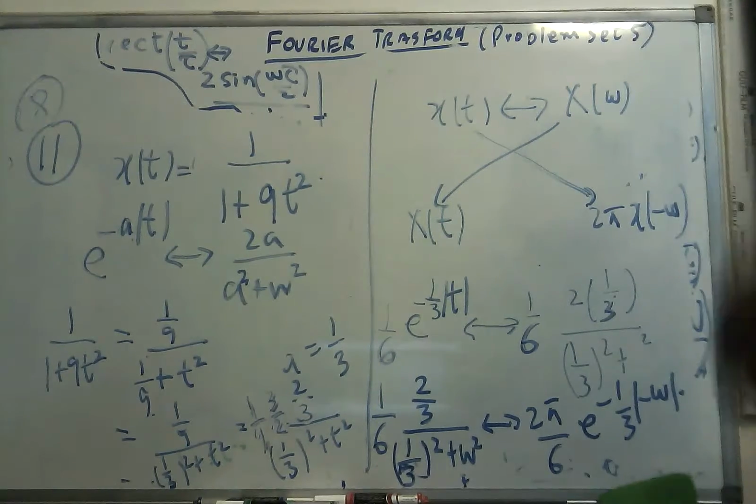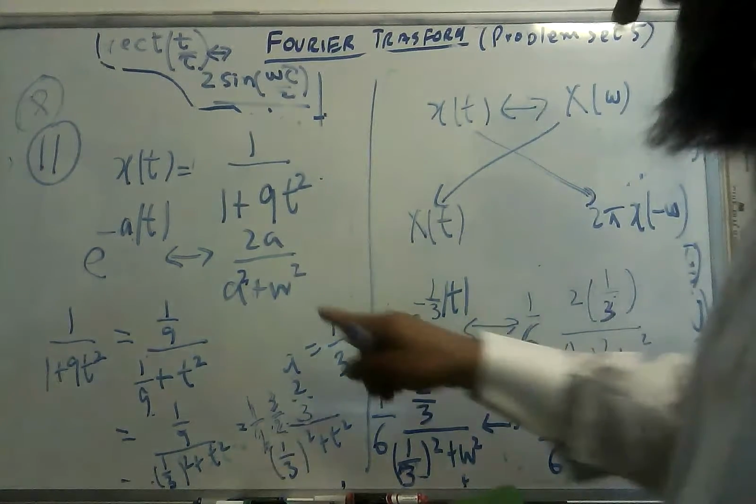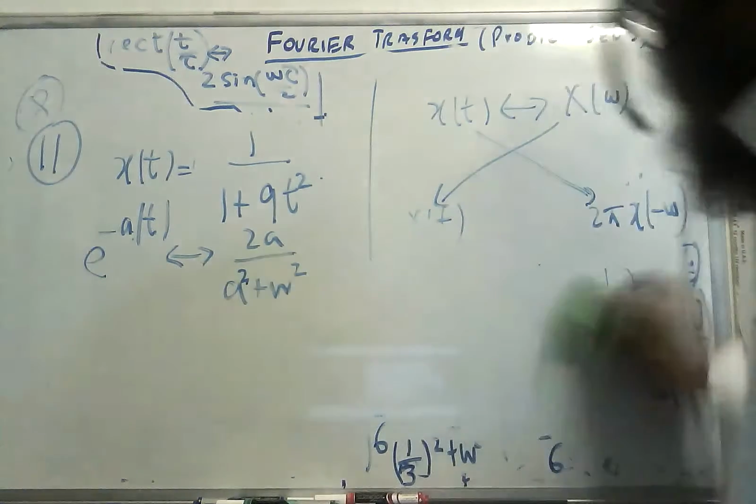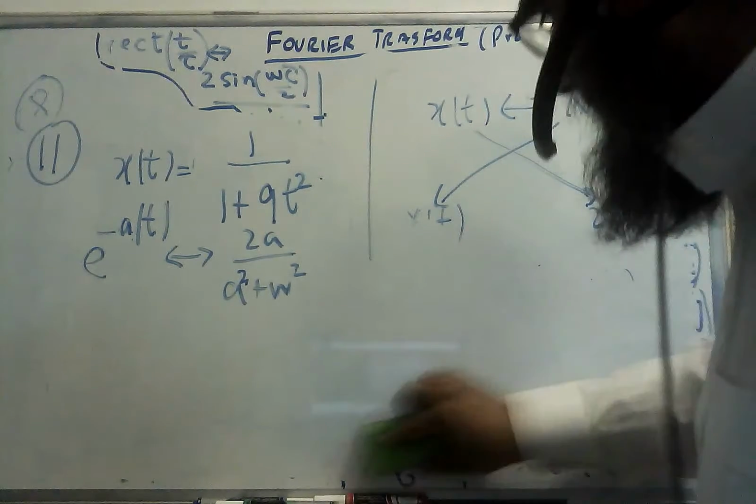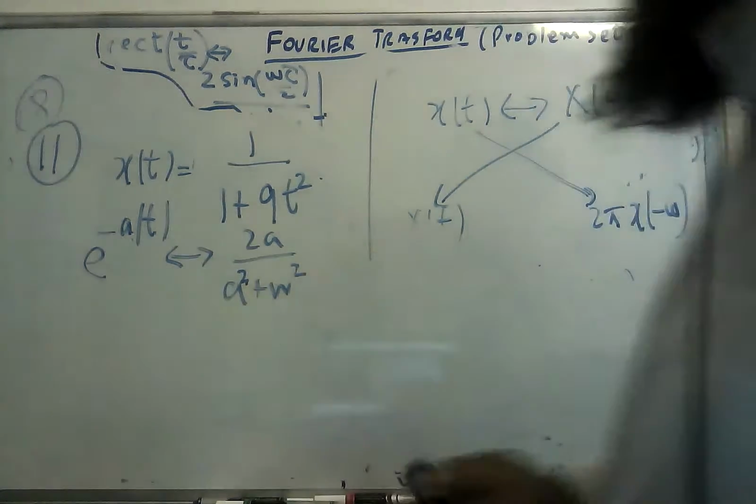X of t is x of omega. Actually this is omega square here. So let us do it once again. Let us start from here once again.